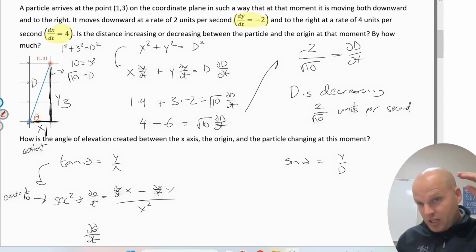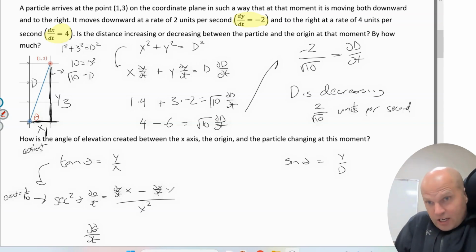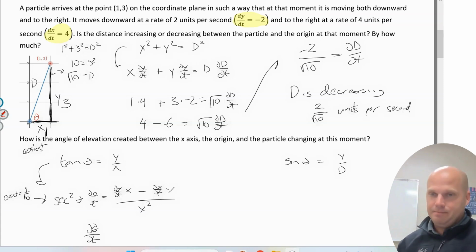I flip that and it becomes root 10 over 1. I square it, it becomes 10. So that's actually another nice thing. That number works out so nicely. We got dy dt times x minus dx dt times y all over x squared. That's nice as well.